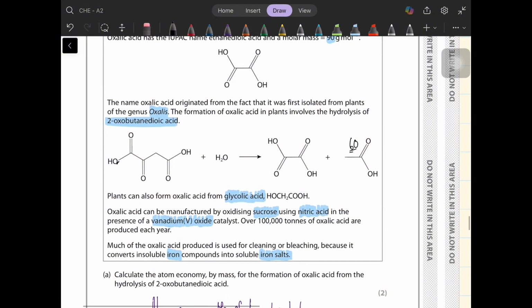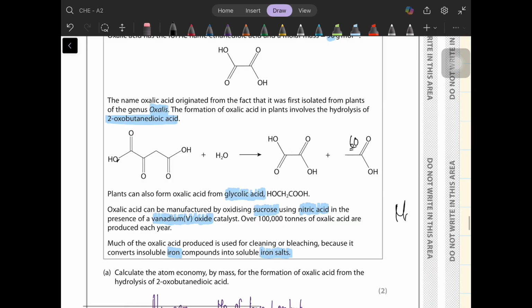Oxalic acid could be manufactured by oxidizing sucrose using nitric acid in the presence of a vanadium catalyst, and so on. But basically, I'm not reading all of this because it seems unnecessary at this point. So let's just do atom economy, right?